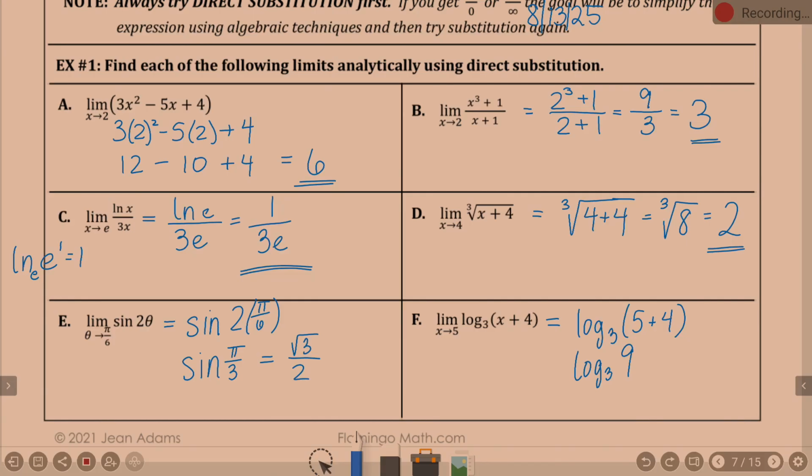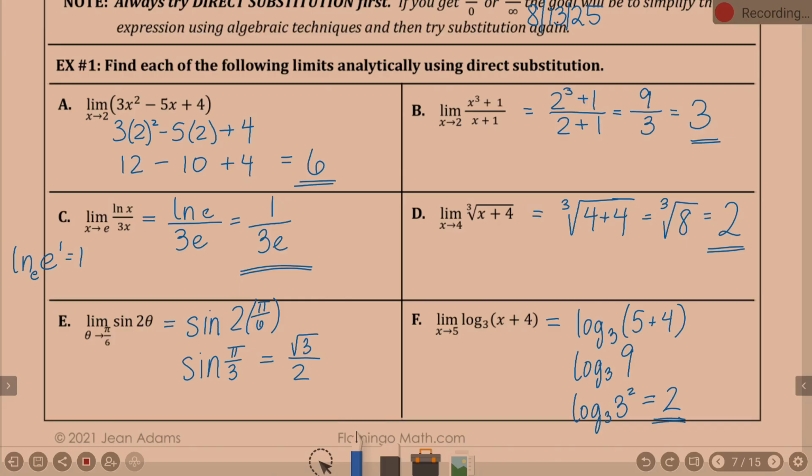That's your answer. Keep going. What do you know about 9? Left, right, middle. That's all I know. It's 3 squared. And log base 3 of 3 squared is equal to? Cancel out the 3, so it's equal to 2. Okay.